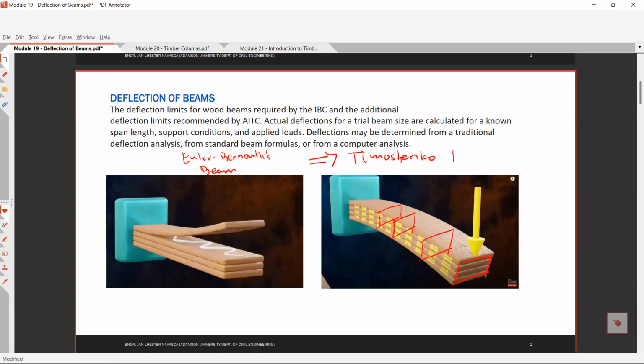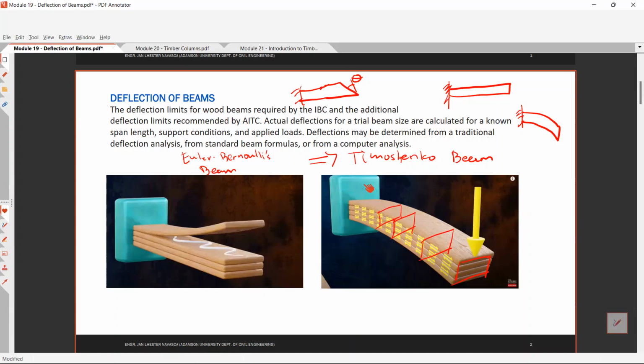In this theory, every plane section has what is called shear deformation. Let's say this is the end of a cantilever beam. When it deflects, the plane at the end also deflects, so it has a deformation like this. The name of that deformation is the shear deformation.